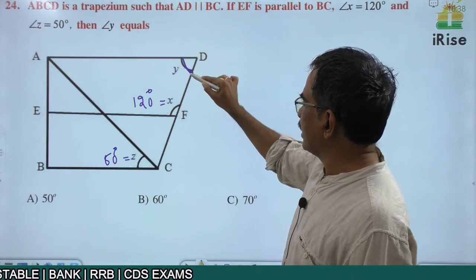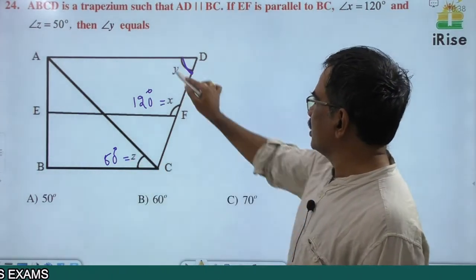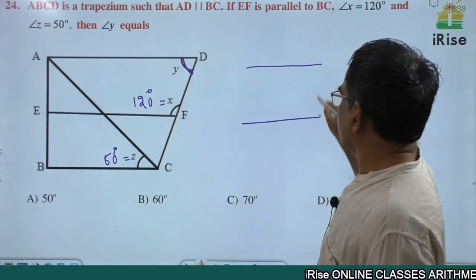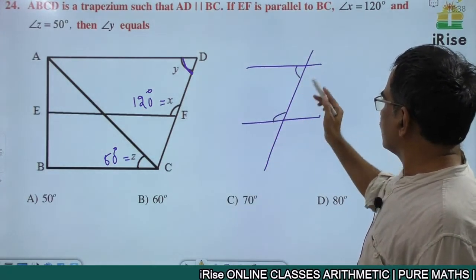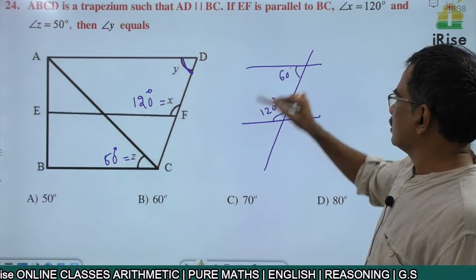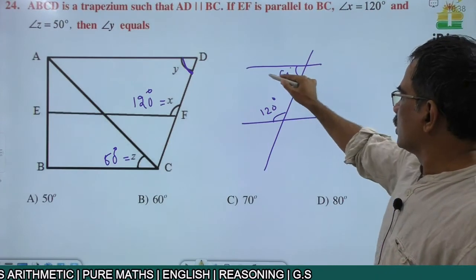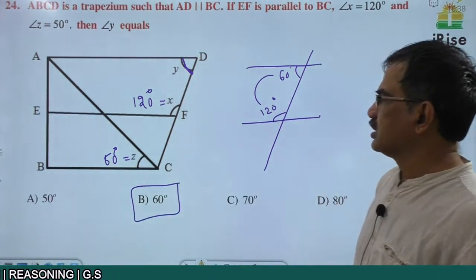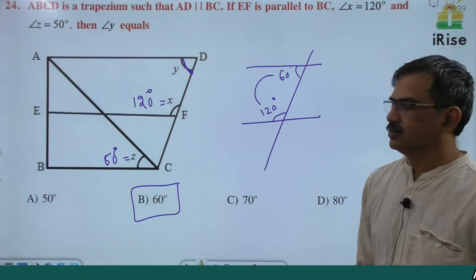Actually, to find angle Y, Z is not necessary, because these two are parallel lines and this is a transversal. The sum of interior angles on the same side of the transversal, if this is 120, this is 60, because the total is 180. So the answer is angle Y is equal to 60 degrees.